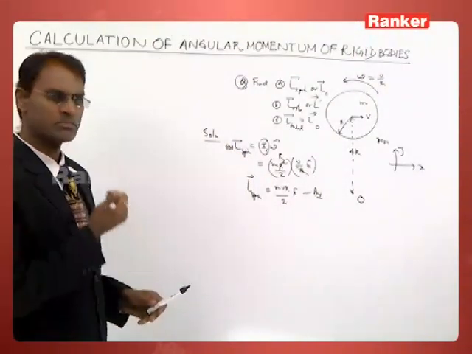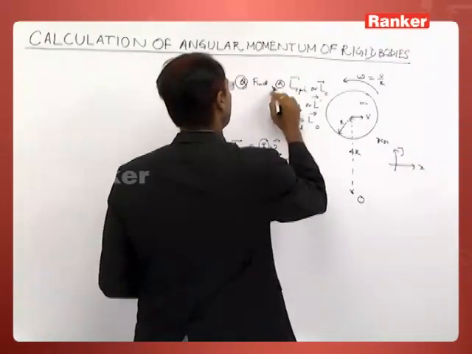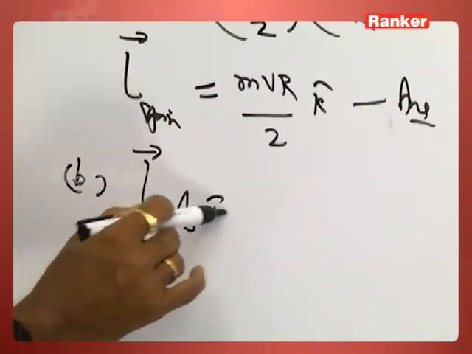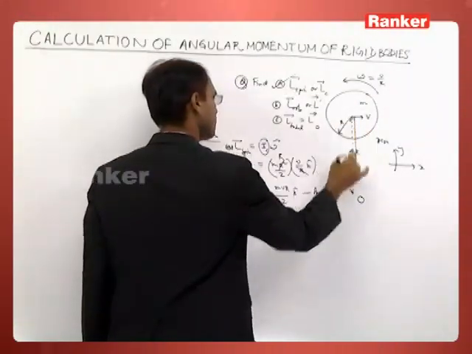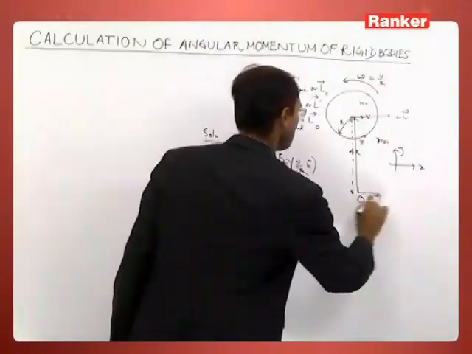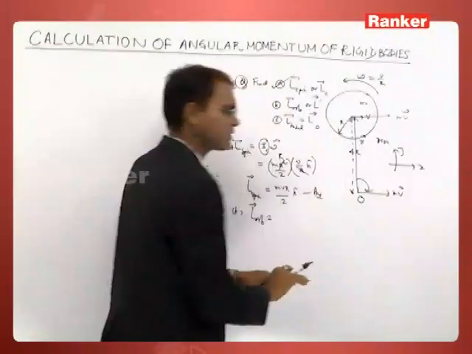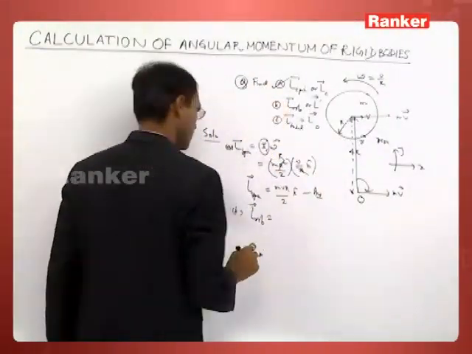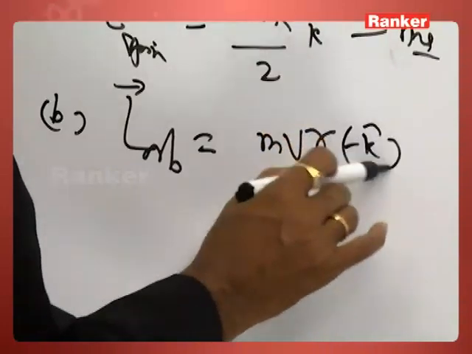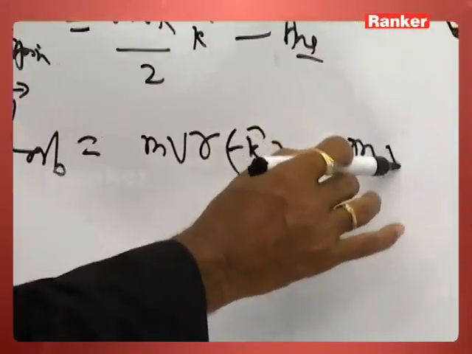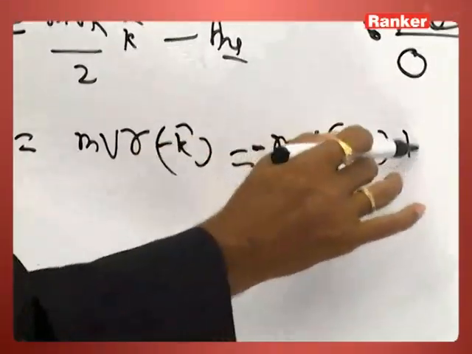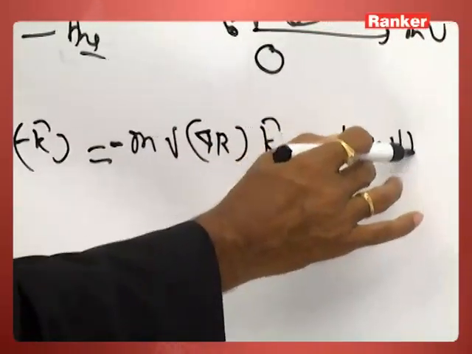So spin angular momentum is outward. Let us find the orbital angular momentum. It is equal to, this is r, this is m v, r cross m v, this is in. So m v r minus k cap, this small r is equal to 4r, so minus 4 m v r k cap.